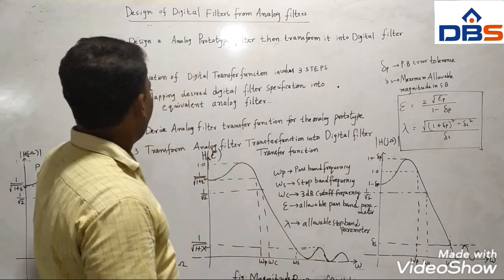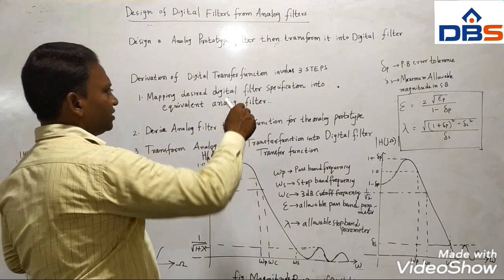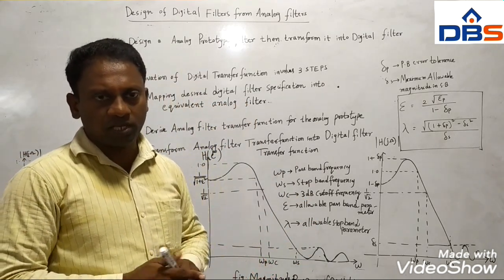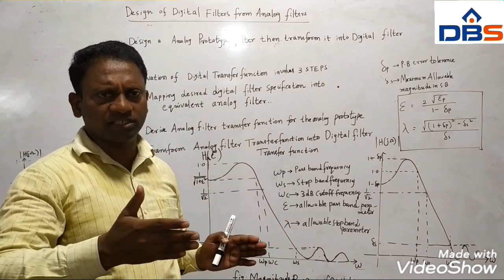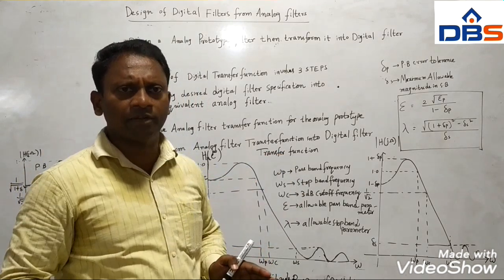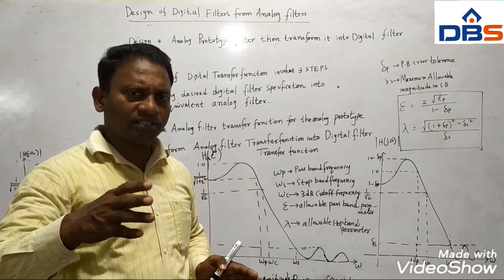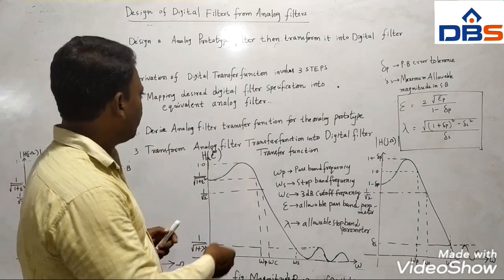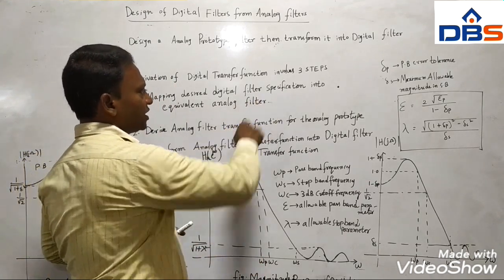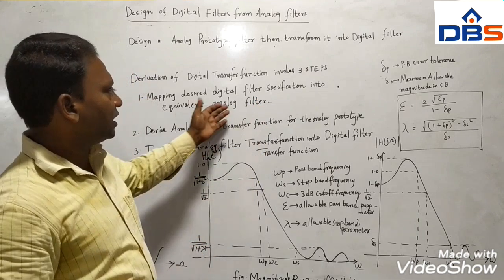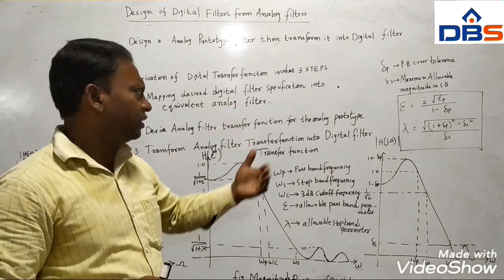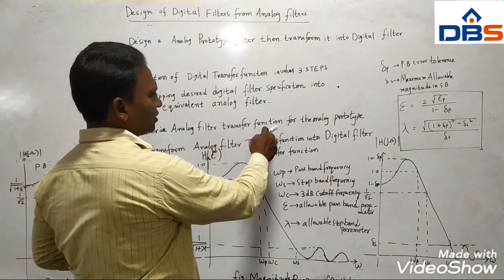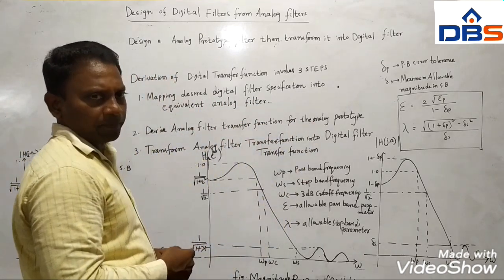The first one is mapping the desired digital filter specifications into equivalent analog filter specifications, and after that deriving the analog filter transfer function for the analog prototype.